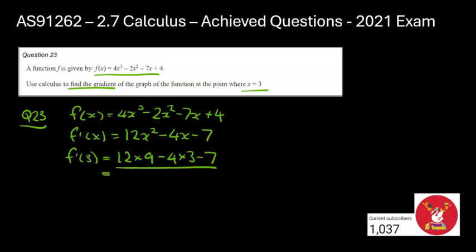So again, you can bang that straight into your calculator or do it step by step. So that's going to be 9 times 12 is 108, minus 12 minus 7 is going to be minus 19, which is going to get me to a gradient of 89. So it's a really, really steep and really, really positive gradient at that particular point.